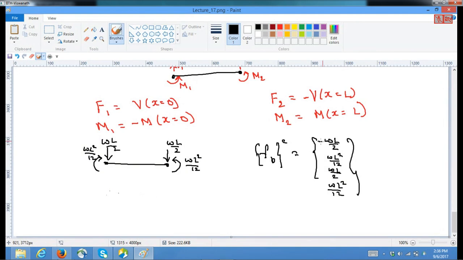This is minus WL by 2, minus WL by 2, because it is in the opposite direction, and these two are sagging moments, so these two are positive. Sorry about that.